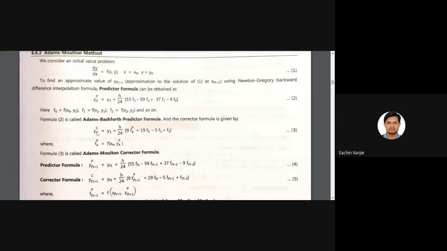And to get the corrected value, we have this formula y4c, c for corrector. So y4c is y3 plus h by 24 times (9 f4p plus 19 f3 minus 5 f2 plus f1). Now what is this f4p?